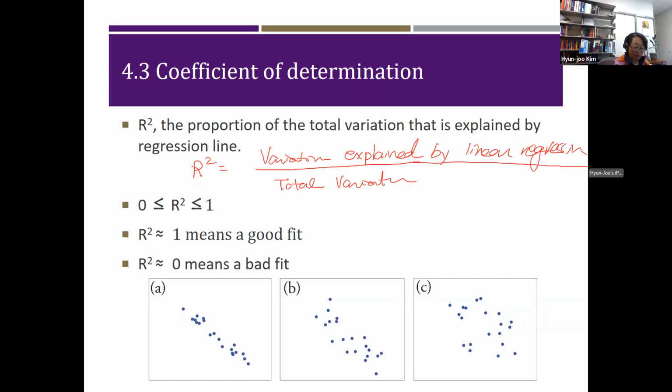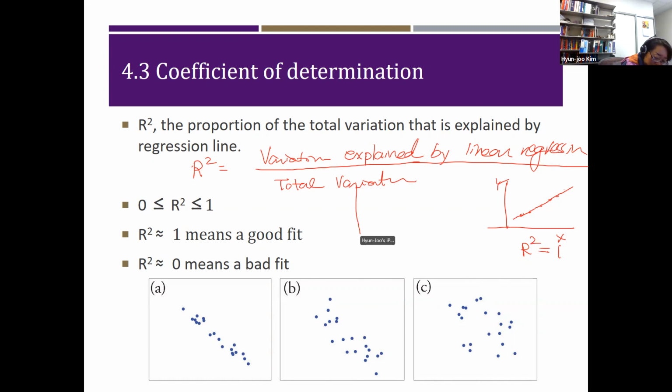So it's the variation explained by linear regression divided by total variation. That's the definition of R square. If it is a perfect fit, a deterministic model, as we called it before, everything is on the line. The amount of variation we can explain using this line is everything, 100%. In this case, your R square will be equal to 1.